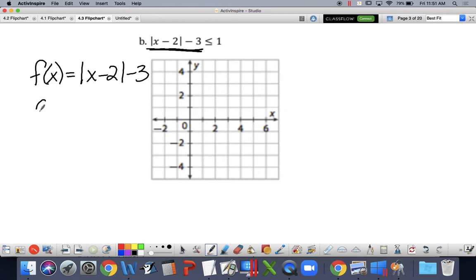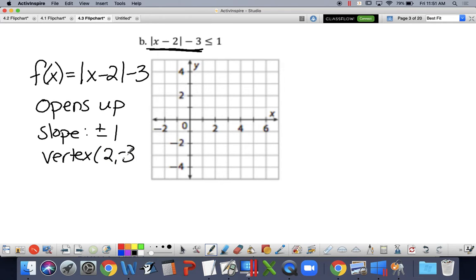Up. Opens up. What's my slope? 1. Yep. And then what's my vertex? 2, -3. So let's go ahead and graph that. 2, -3. And then my slope is 1. Graph as many points as I can here. Connect the dots.